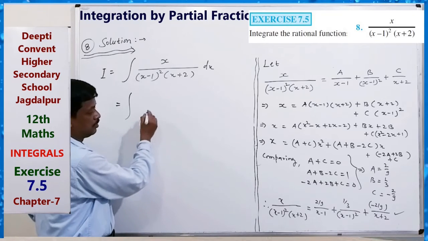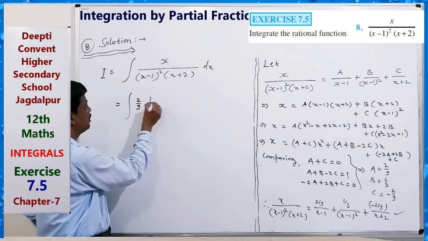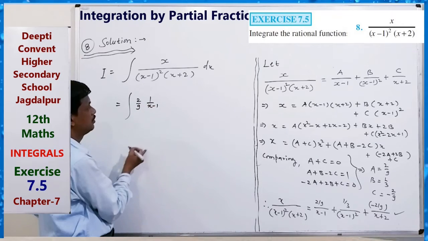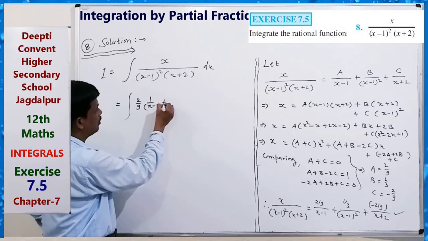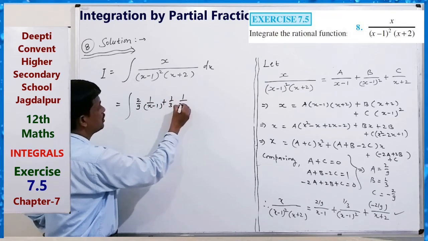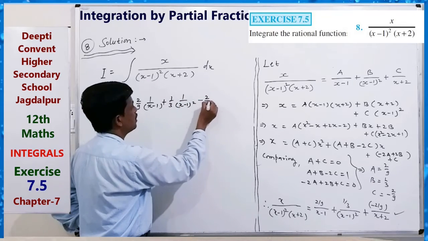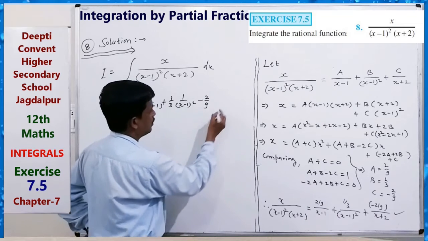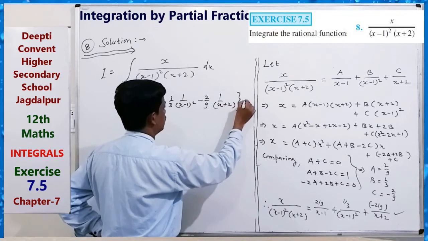First value 2 by 9, 1 upon x minus 1. Second value 1 by 3, 1 upon (x minus 1) square. Third value minus 2 by 9, 1 upon x plus 2, dx.